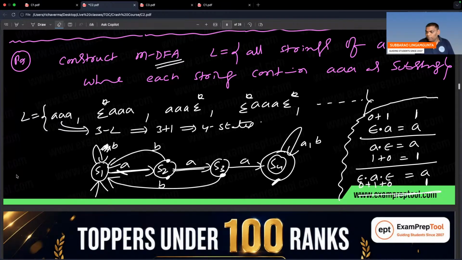But in the minimal DFA, maybe more states are there, because of the dead state and all. An NFA may not have a dead state. But if you observe this diagram, there is no dead state here. See, everyone can go to final. From S1, can I go to final? Yes. So S1 is not a dead state. From S2, can I go to final? Any chance of going to final means it is not a dead state. S3, can I go to final? Yes, S3 is not a dead state. S4, can I go to final?